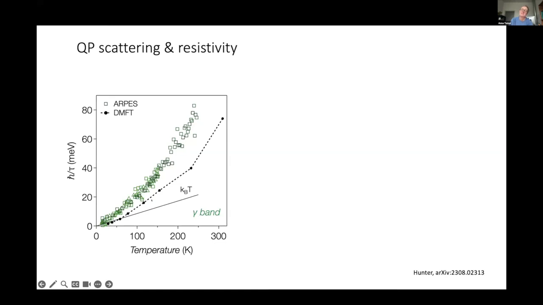Okay, let's look at this. Here I'm comparing the experimental scattering rate with what is found by DMFT, which is a calculation that includes only electron-electron interaction. Experimentally we find a higher scattering rate, which could be a little bit of additional contribution from electron-phonon scattering.